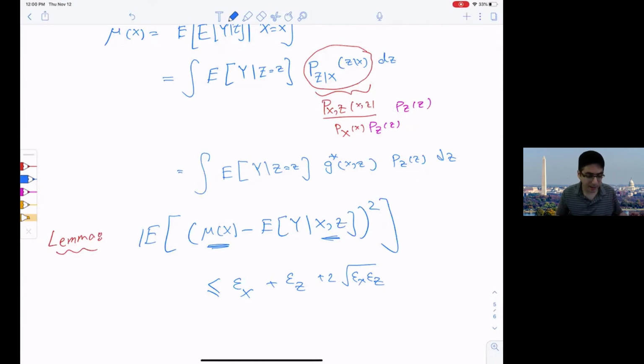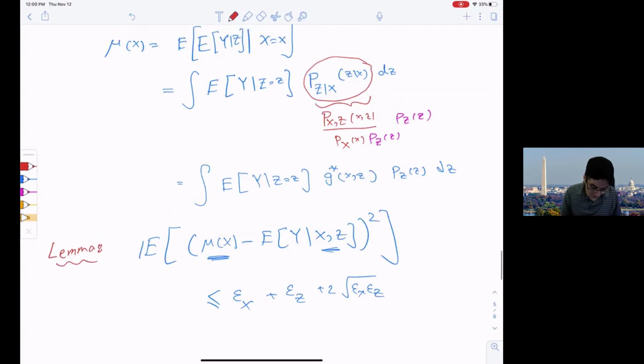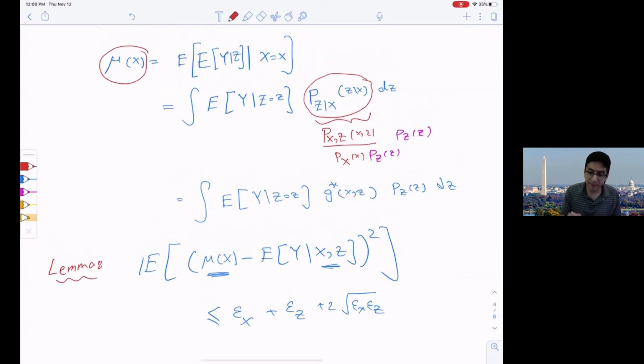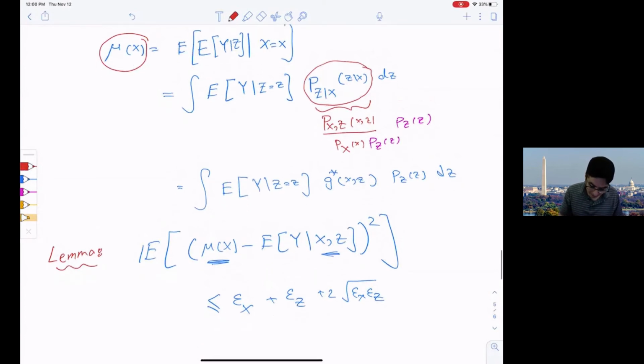Okay, so that's basically one of the elements that we need. We haven't talked about embeddings and stuff, right? The assumption here is that x and z have shared information with respect to y. Therefore, if I come up with a predictor like mu of x, where I first predict z and then I predict y using z, that predictor is pretty good.